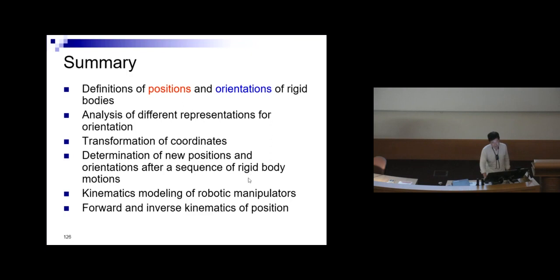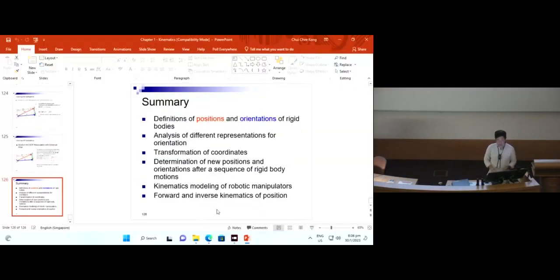We are not looking at the soft body. Kinematic modeling of the robot manipulator, meaning the spatial position and orientation of the end effector as well as the joint positions. Forward and inverse kinematics of the positions.